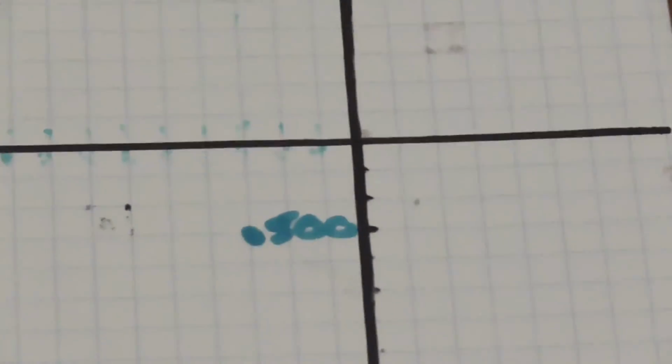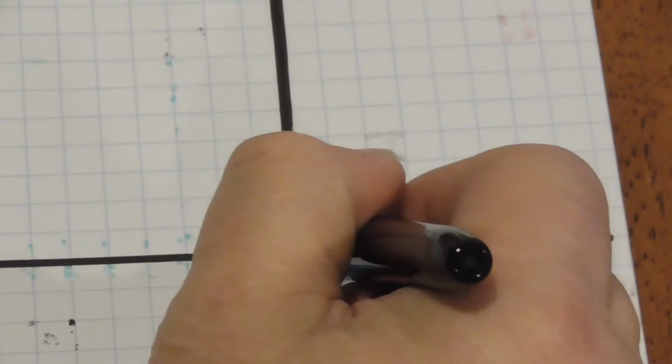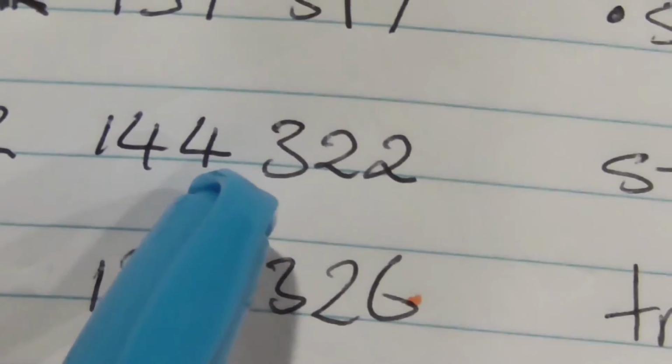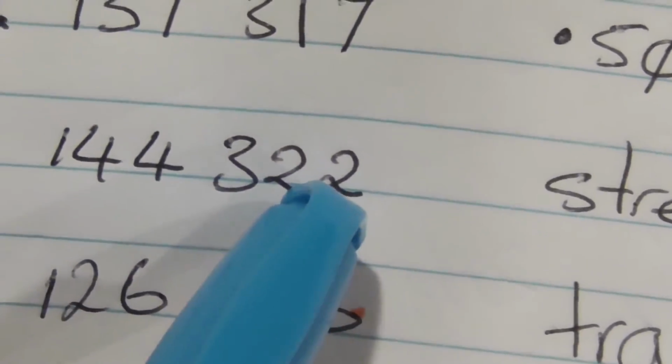There's our 32 there. So we go across. Here's our 14. That's the grid square we're looking at. What are the next two numbers for our 6-figure grid reference? 144322. So we've got to go across 4 and up 2.